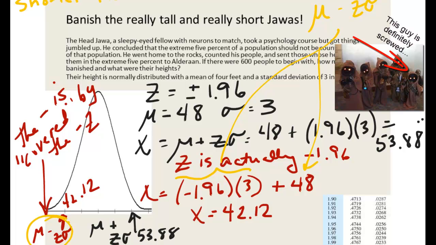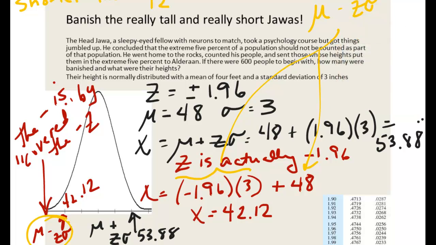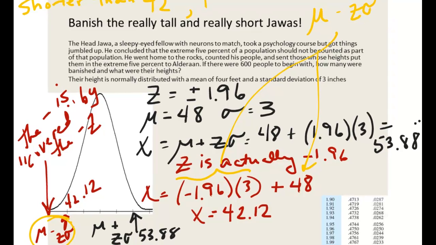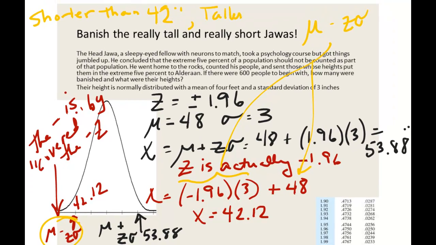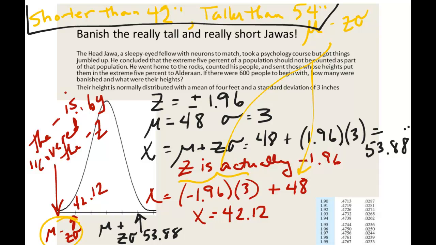They'll ship them off to Alderaan, and they'll get to ride around in their sand crawlers and hopefully not have to duck when they crash. So shorter than 42 inches and taller than 54 inches, 54 makes more sense because of rounding, will be the unlucky little guys and tall guys that get to go bye-bye.